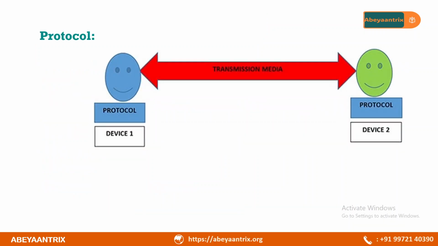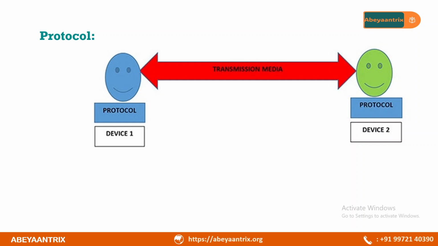First we understand protocol. Protocol is the set of rules to communicate between multiple devices. It's just like a transmission media. If person 1 knows the language Kannada, person 2 should also know the language Kannada, because if they are communicating they should know the language, or English, any language.